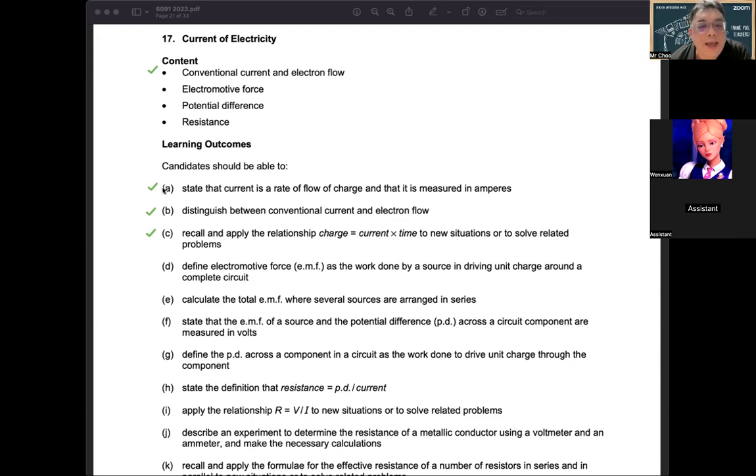So basically, you don't need to go and memorize two different formulas. You either understand that current is the rate of flow of charge, and then you can come up with this formula, or if you want, just memorize the second formula, Q is It, Q equal to It. That's how I remembered when I was a student. From these two formulas, you can just manipulate, make I or Q the subject, and get the other formula.